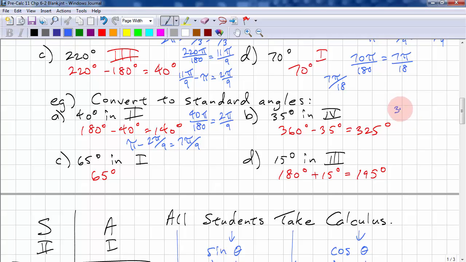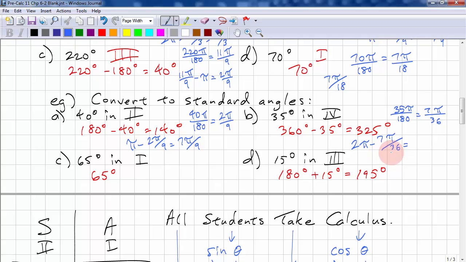We have 35 pi over 180. This simplifies to 7 pi over 36. And in quadrant 4, we take 2 pi minus 7 pi over 36.